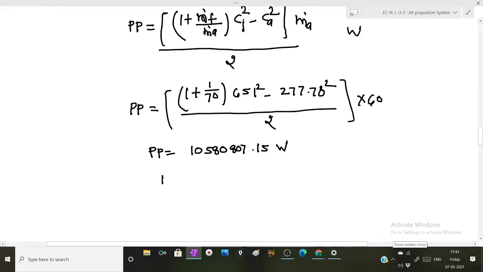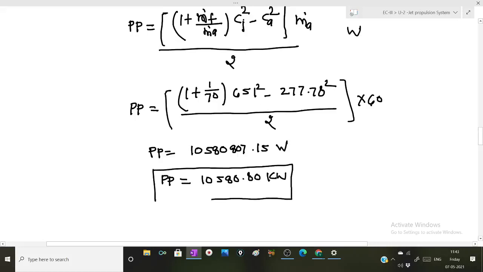So let us convert this into kilowatt. It will be 10,580.80 kilowatt. Answer number 5. So this is propulsive power. Rate of change of producing power by the jet engine is called propulsive power.